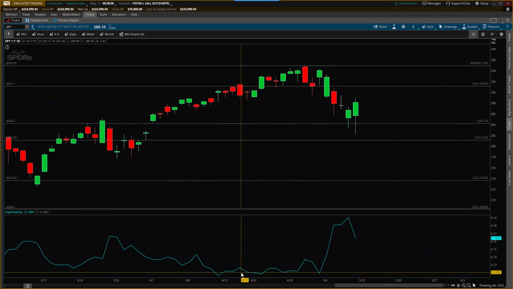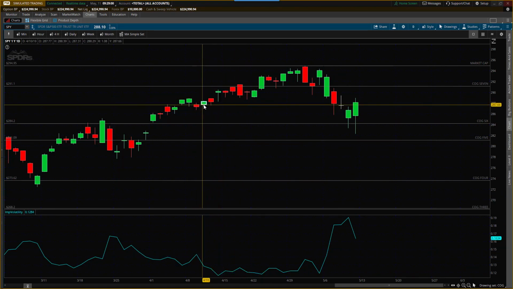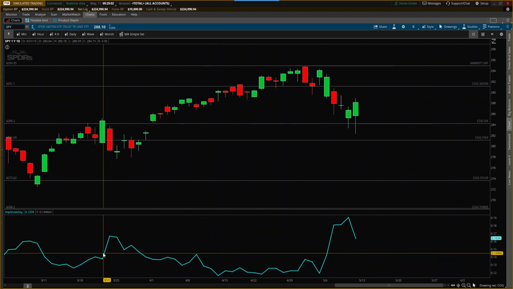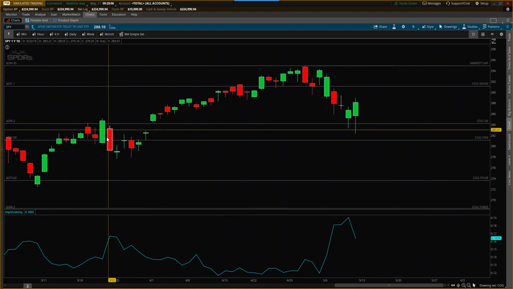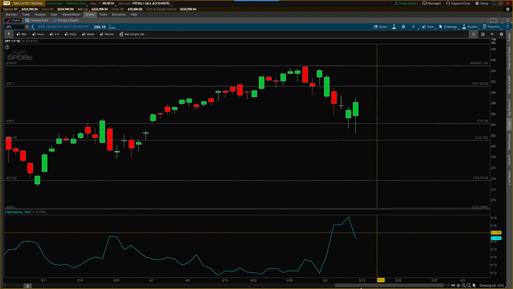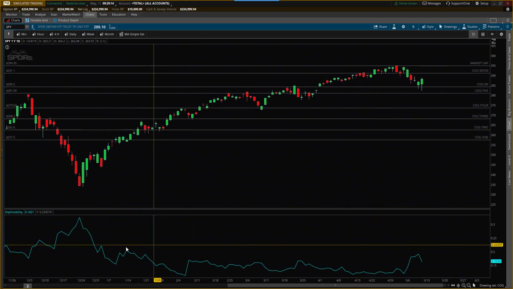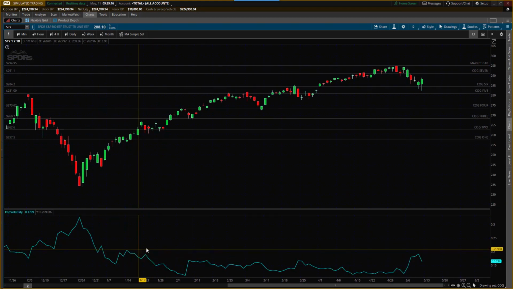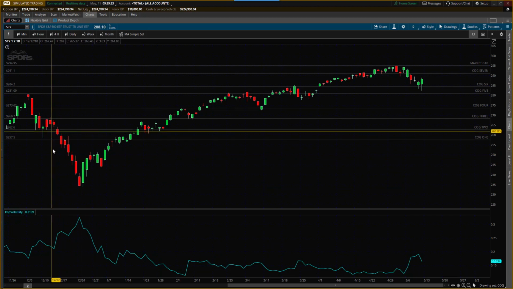And when volatility was low, SPY didn't make very big moves in that day. But when volatility got expanded, SPY started making a lot bigger move on a day-to-day basis. And right now, we're at a higher volatility than we have been since all the way back to January after this massive rally from the Christmas crash.